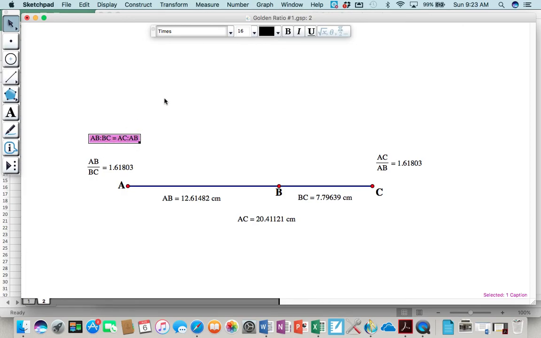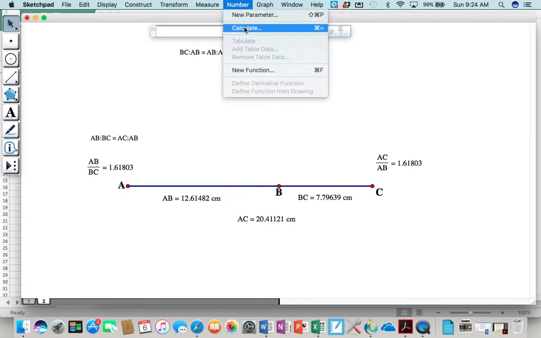What would happen if I tried this? BC, the ratio of BC to AB is equal to the ratio of AB to AC. Would that work? Or am I just talking nonsense? Well, let's give it a whirl and see what happens.